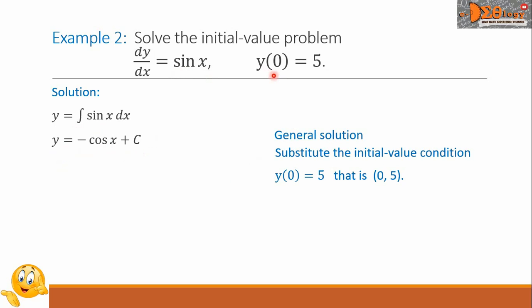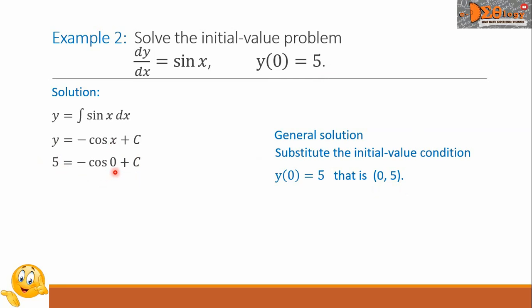This y of 0 equals 5, which means the point is 0, 5. The x value is 0, while the y value is 5. Let us substitute now in this equation here. So we have 5 for the y equals negative cosine x becomes negative cosine 0, then plus c.